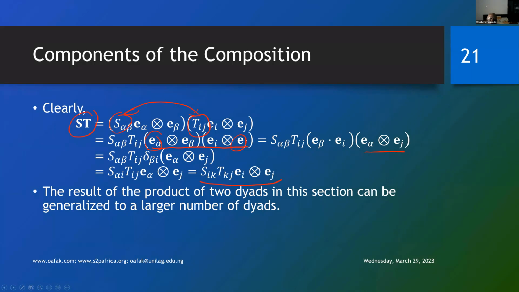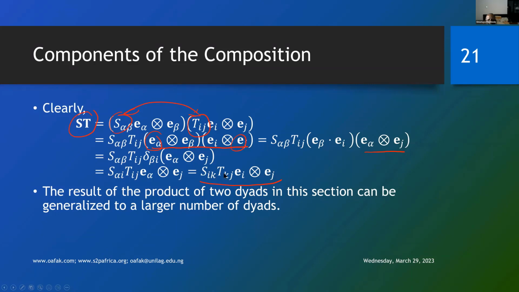The result of the product of two dyads in this section can be generalized to a larger number of dyads. But right now, you can see that we have used that dyad trick to give the composition components of two tensors. If you have two tensors, you can get the components of the composition. I want you to take a look at this.